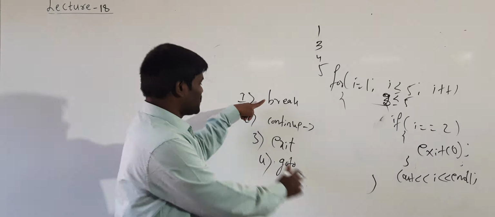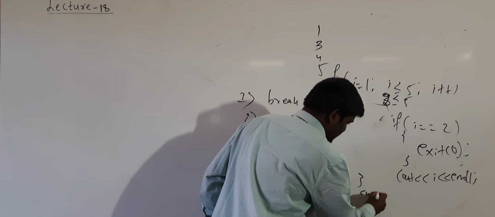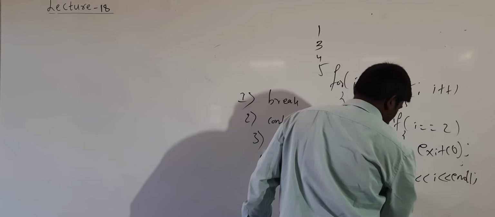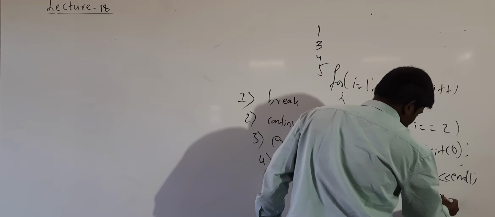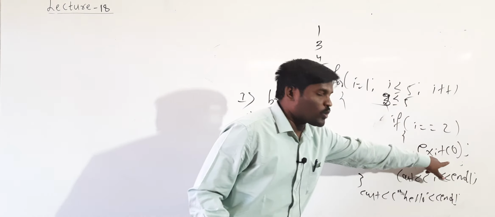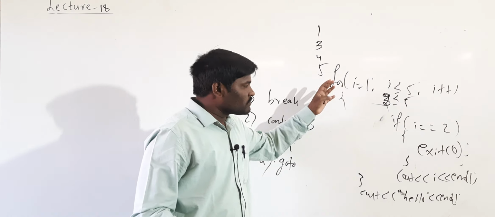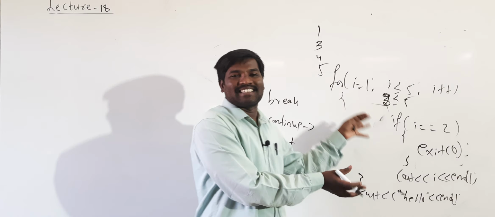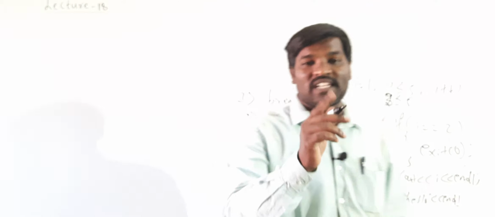The difference between break and exit is, suppose here I write cout to print hello. Exit of 0 means the entire program stops. The program exits, and it will not execute any statements after exit is executed.